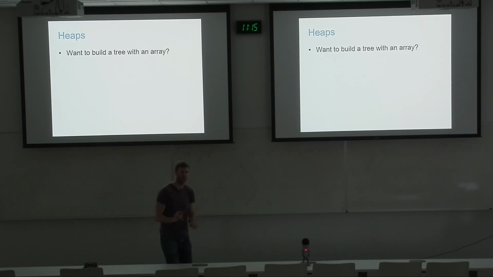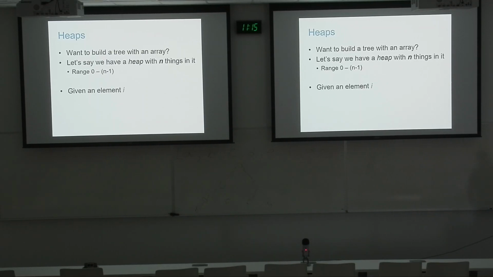So that's the cool thing. But another really cool thing about this heap is I can traverse this tree really easily. I can jump through this array really easily in constant time to get to my left child and my right child, and also to get to my parent node.